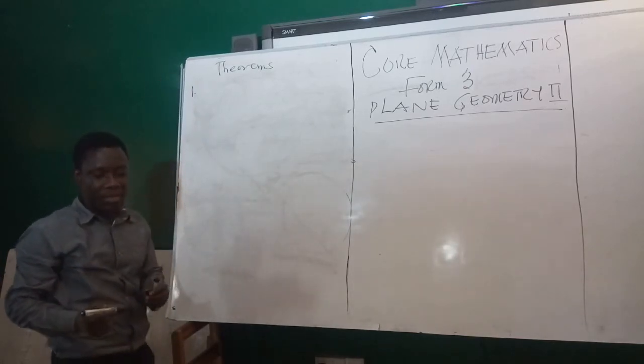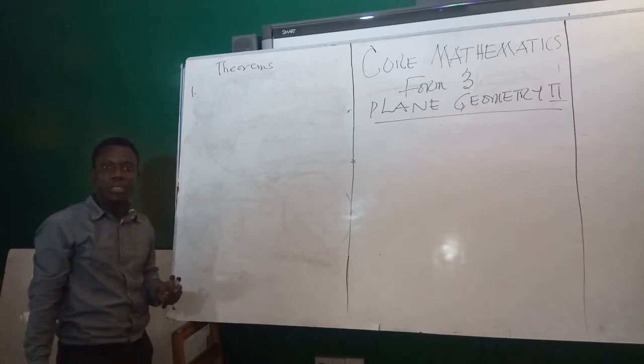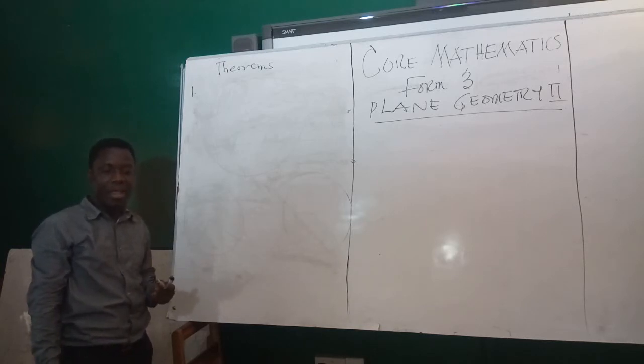Now what does the first one say? The first one says the angles a chord or an arc subtend at the circumference in the same segment of a circle are equal.